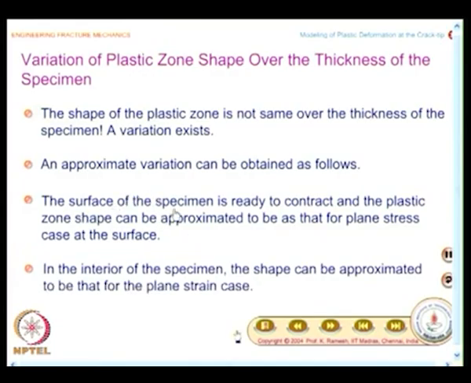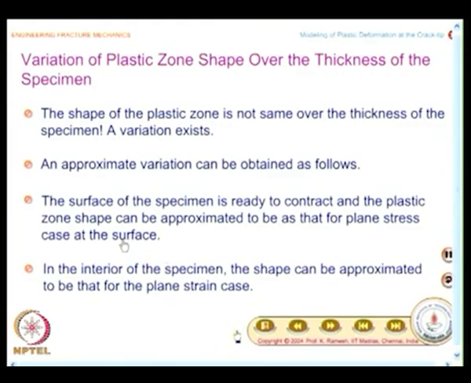The surface of the specimen is ready to contract and the plastic zone shape can be approximated to be that for the plane stress case at the surface. And I have already mentioned the plane stress and plane strain are loosely defined in fracture mechanics.